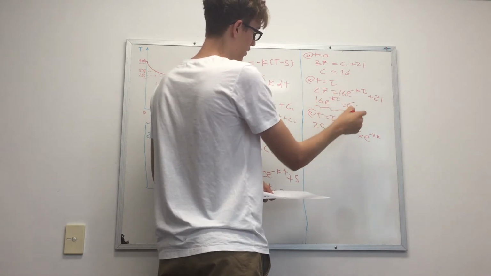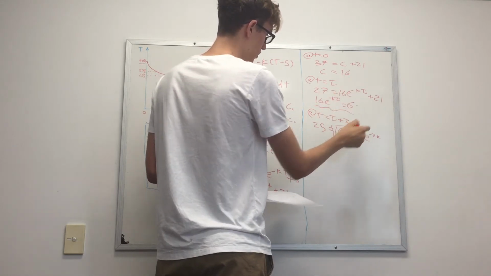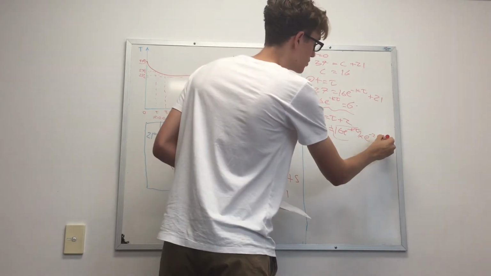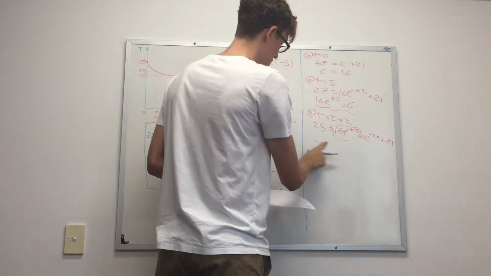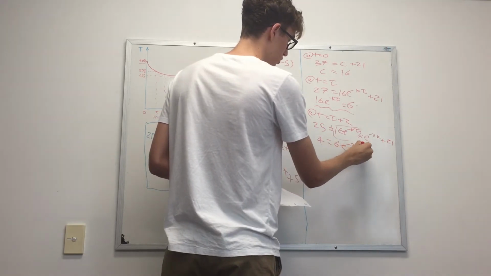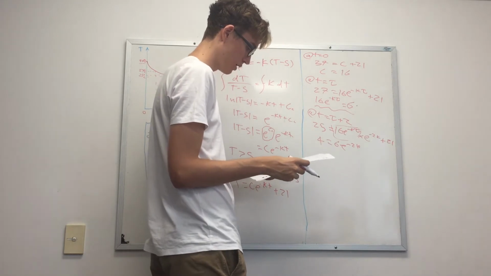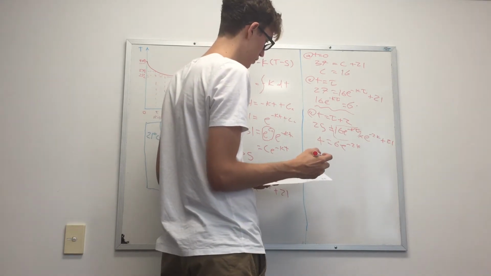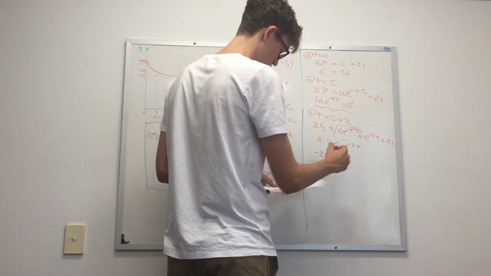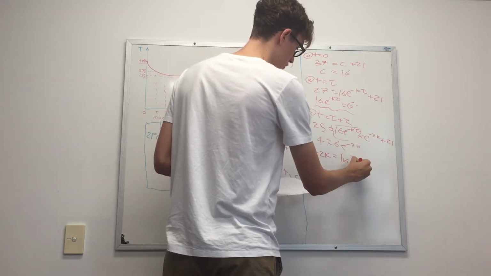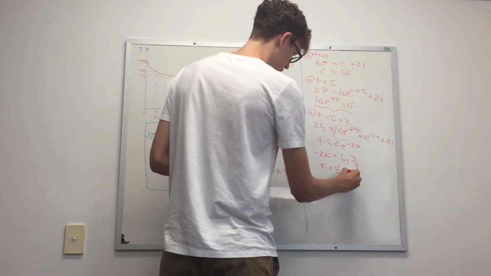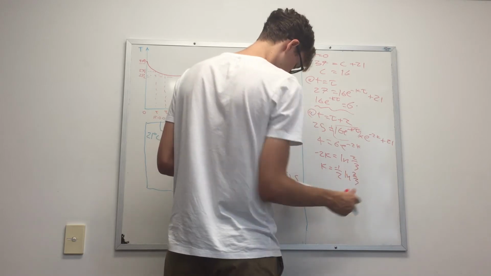And we know from up here, this section here is equal to 6, so 25, oh sorry, this is plus 21. Means 4 is equal to 6 e to the negative 2k. And if we rearrange and take the ln of both sides, we're going to end up getting negative 2k is equal to ln 2 on 3. So k is equal to negative a half ln 2 on 3.